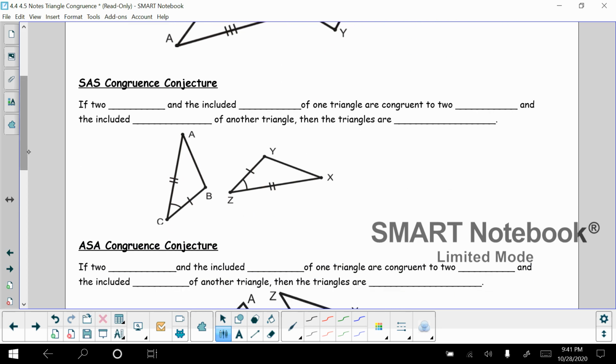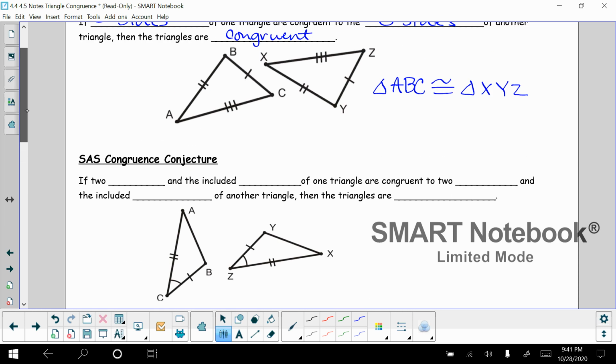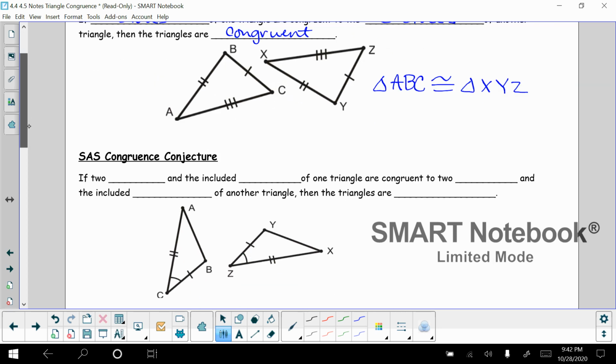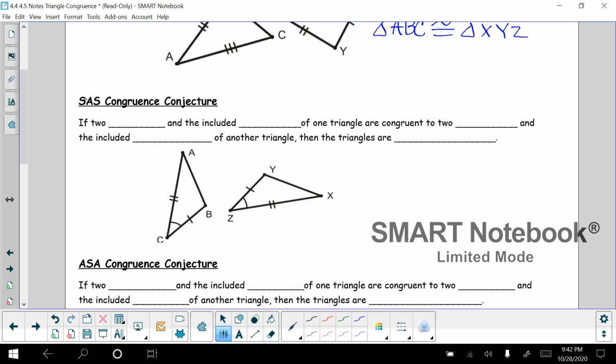Over here, side angle side. Sorry, SAS, which now you have figured out represents the side and the angle inside. I need to go back to this one. The SSS stands for side, side, side, because we wrote down in the conjecture the 3 sides. And SAS actually represents the side, the angle, and the side being congruent.